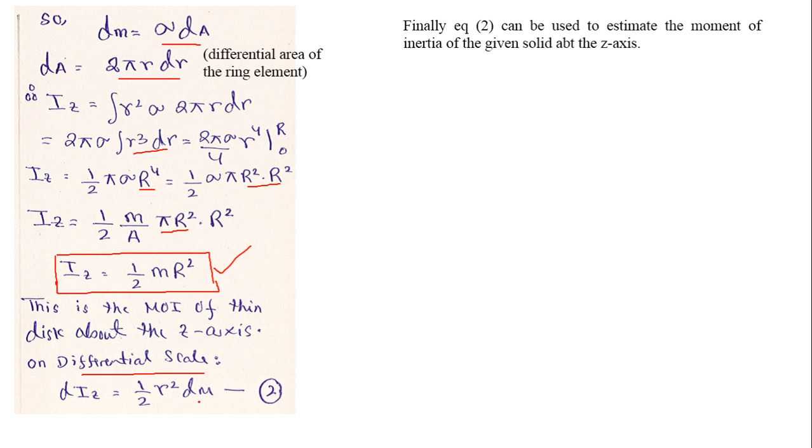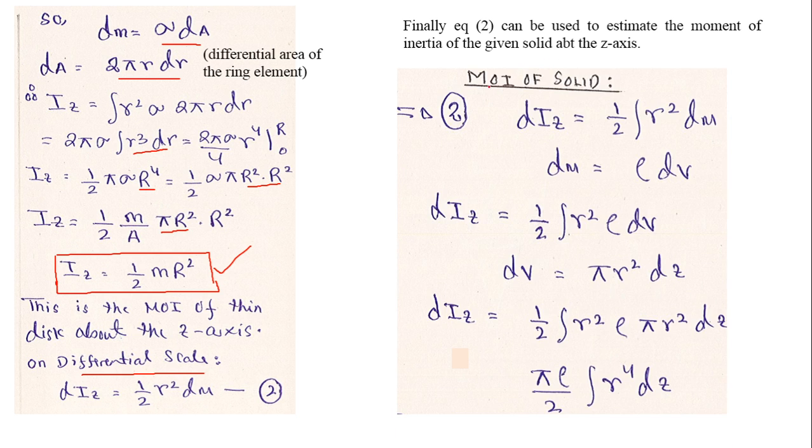So this m has become dm, and this Iz has become dIz on differential scale. And the radius of my differential disk is small r, so I have replaced this capital R square with small r square. So equation 2 can be used to estimate the moment of inertia of the given solid about the z-axis.